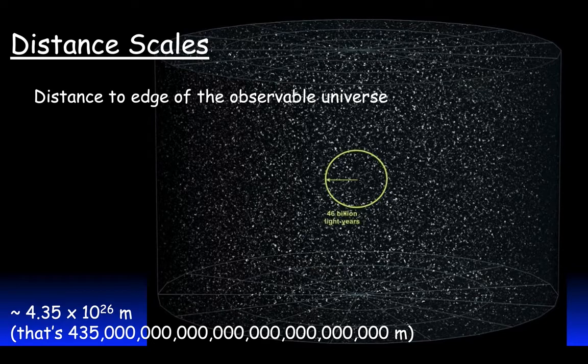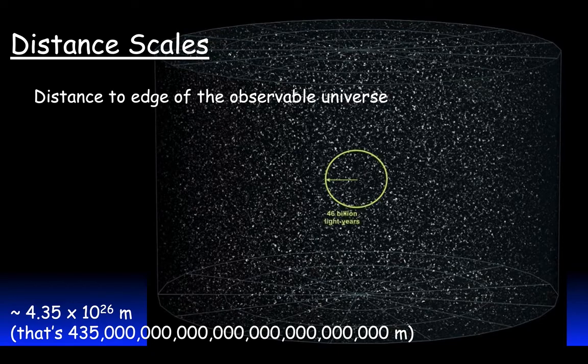Now, what is the shape of the universe? There are some hypotheses that the universe might be infinitely large, or maybe the universe is finitely large. And if you travel out in a certain direction, you will eventually wrap around and come back to your starting point. Think about the curvature of the Earth. If I stand at one location on the Earth and I start walking, eventually I'll come back to my starting point.